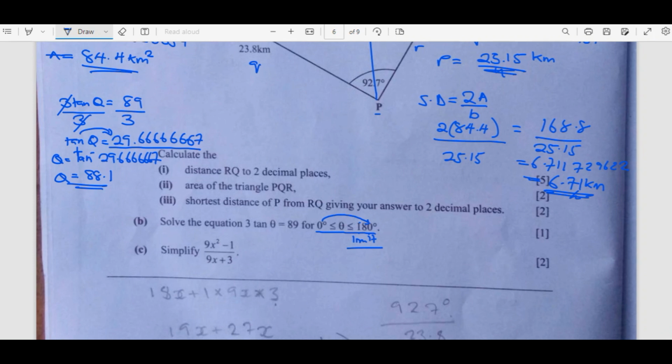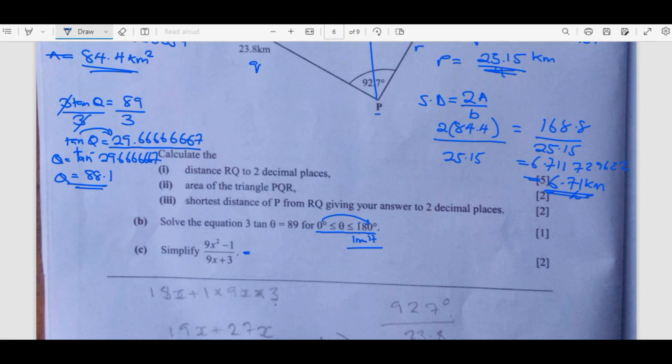Okay, so simplify the last one. So we want to simplify 9x squared minus 1 over 9x plus. So in this case, what are we going to do to simplify this? First of all, you have to observe what can be common here.